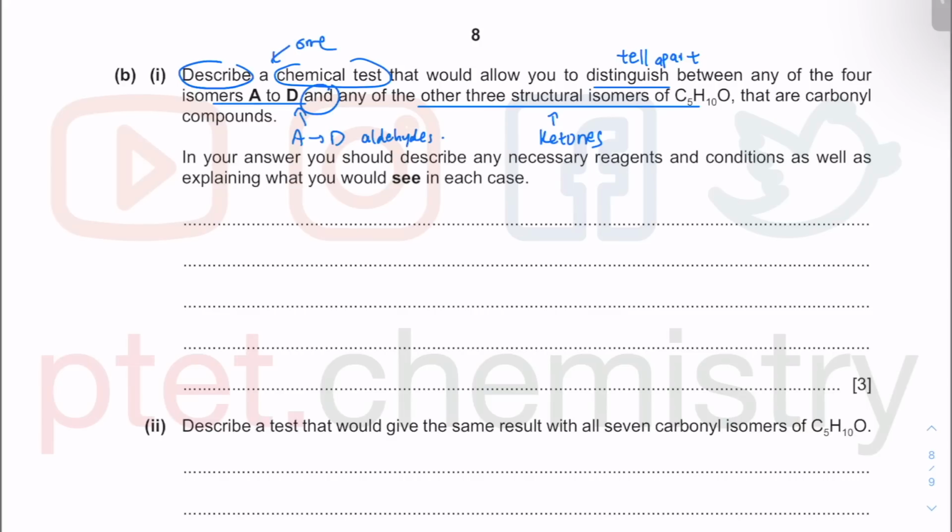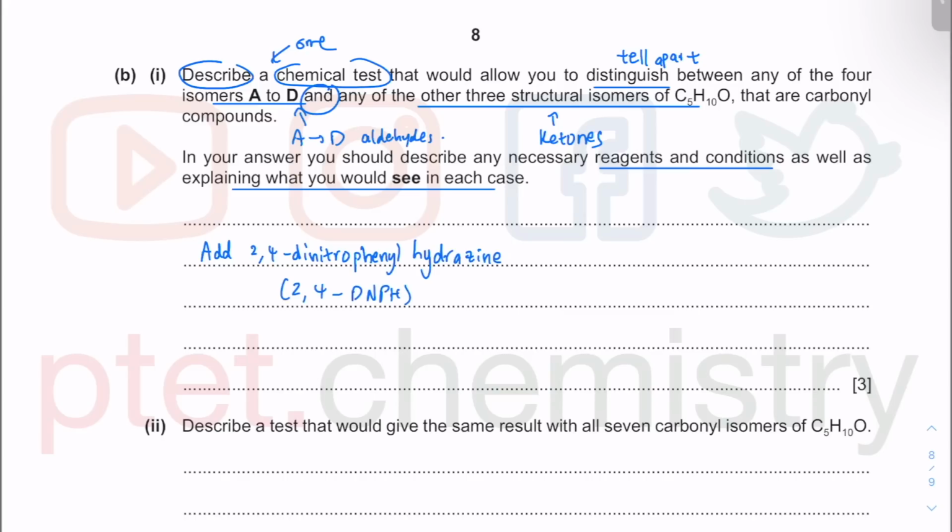And in your answer, you should describe any reagents and conditions, as well as explaining what you will see in each case. Well, the simplest reagent I can think of is to add 2,4-dinitrophenylhydrazine. Some students are petrified by this spelling because it looks really long.